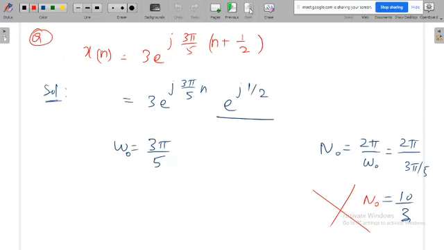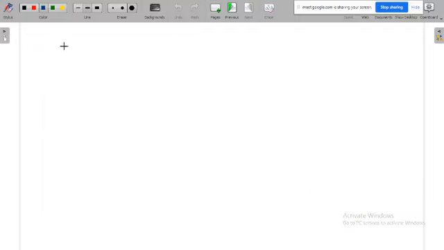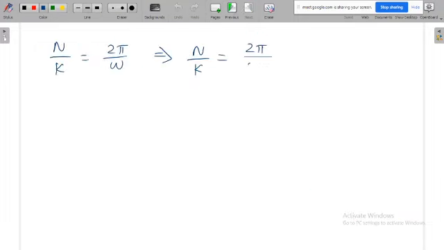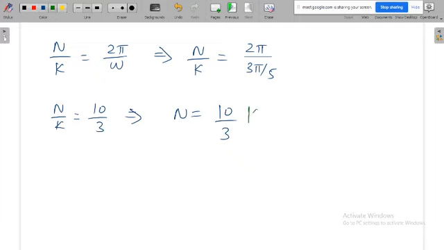So I'll apply that formula: n by k is equal to 2 pi by omega. What is the omega value? 3 pi by 5. So n by k is equal to 10 by 3, so n is equal to 10 by 3 into k.